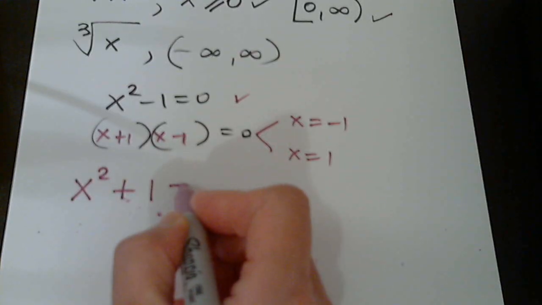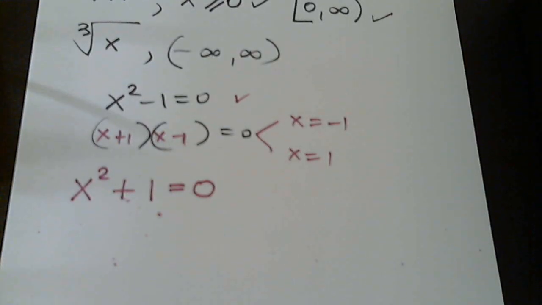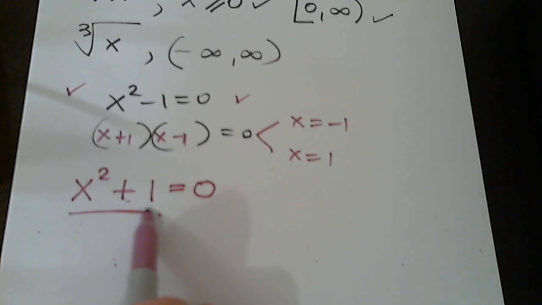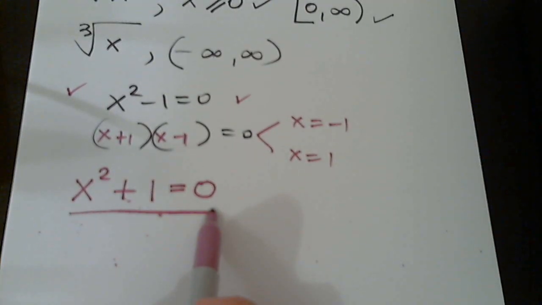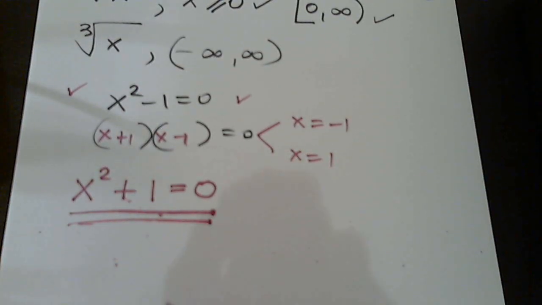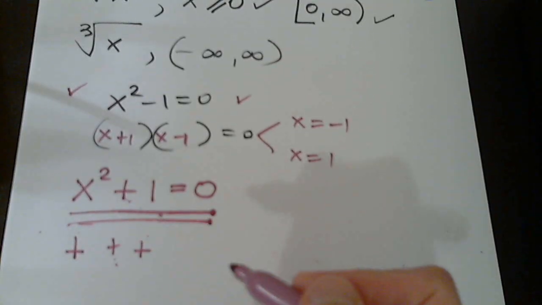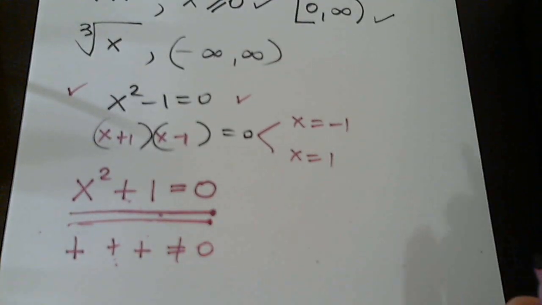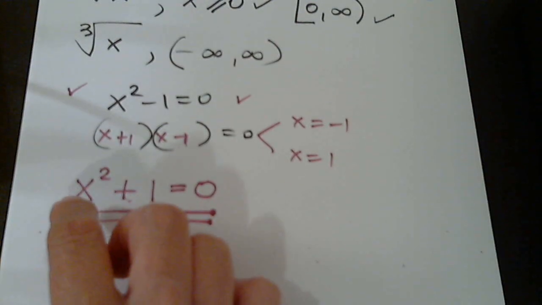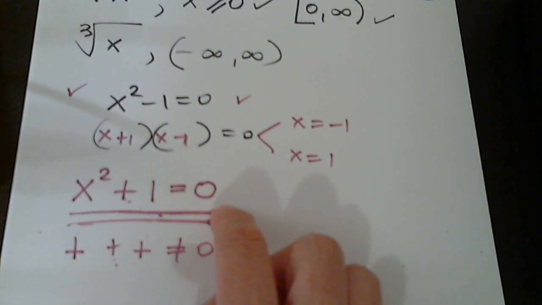Perfect. But here's what happened many years ago. This one is nice and easy. They said, how do we solve x squared plus 1 equals 0? It turns out that this is a positive number plus another positive number. This will never be 0. If you add 2 apples to an apple, you can never get 0.